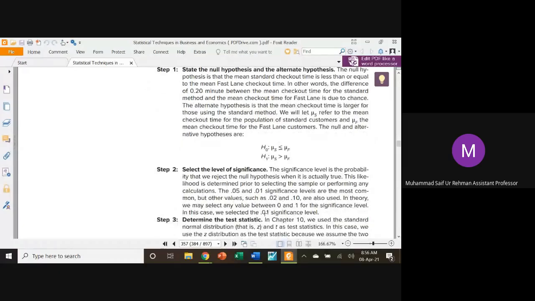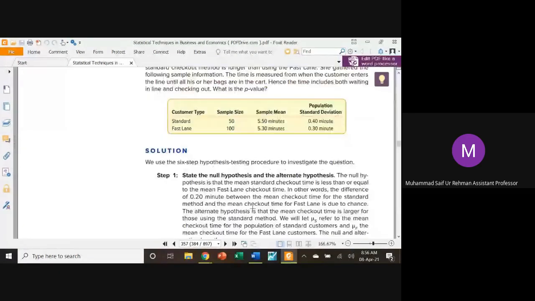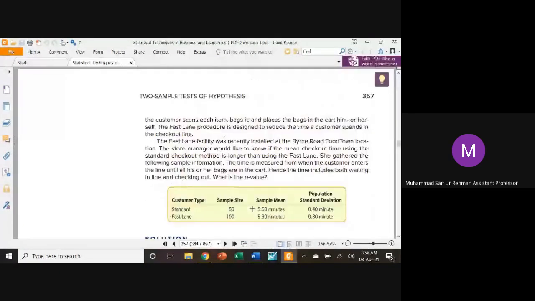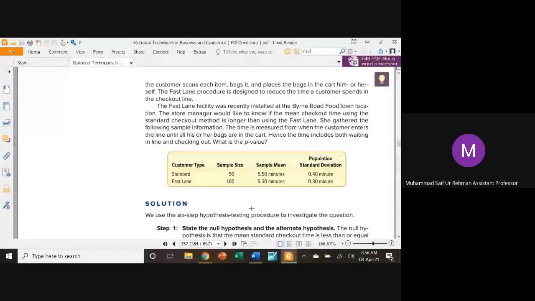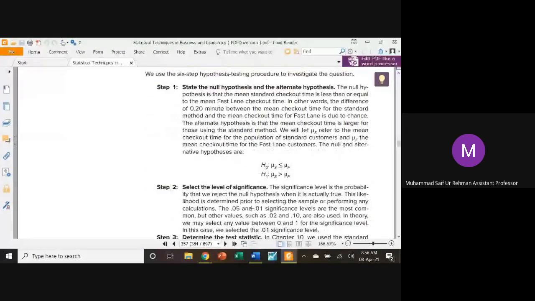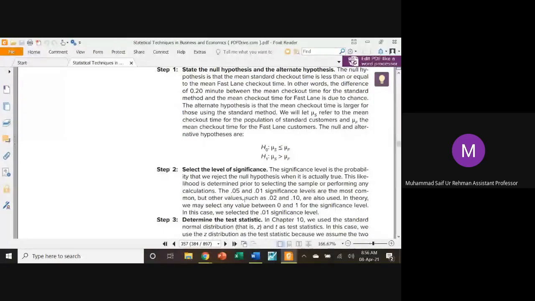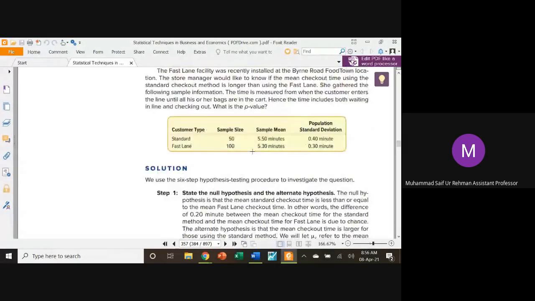Then the level of significance. Let's say it is not given in the question, but it has been provided over here. We normally use 5% level of significance, but in this case, the book has selected 0.01 significance level, as it is not given in the question.